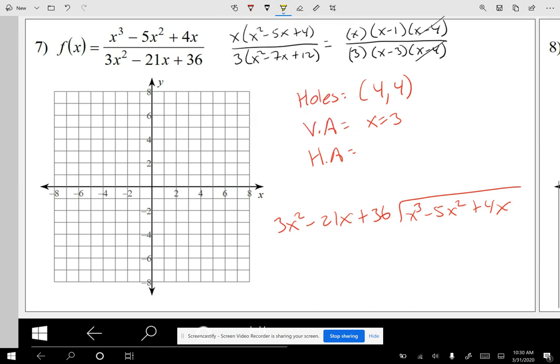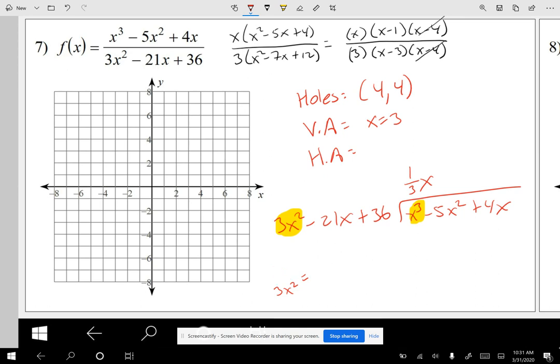Remember, from long division, I look at the first term divided by the first term. So I'm going to go x to the third divided by 3x squared. That gives me x over 3. So I'm going to write this as 1/3 x. Notice I took the x out of the fraction.